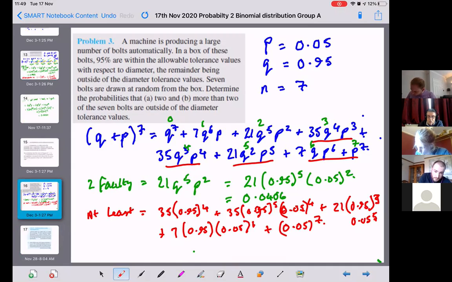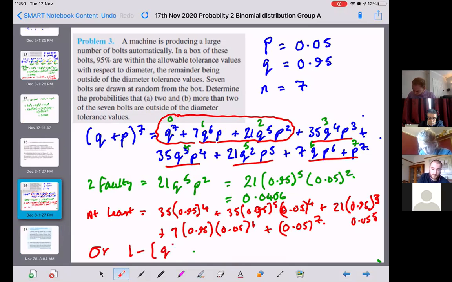Alternatively, you could do 1 minus the first 3 added together, that's what I'm doing now, or 1 minus Q to the 7 plus 7 Q to the 6 P plus 21 Q to the 5 P squared. Either way, the result you get should be 0.0038.